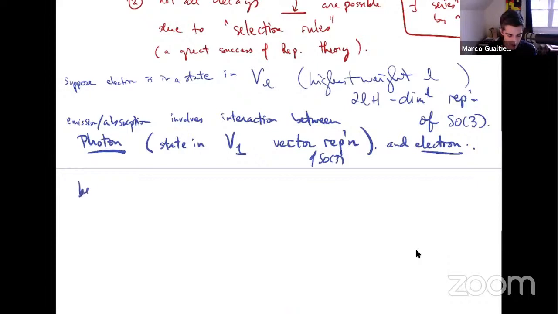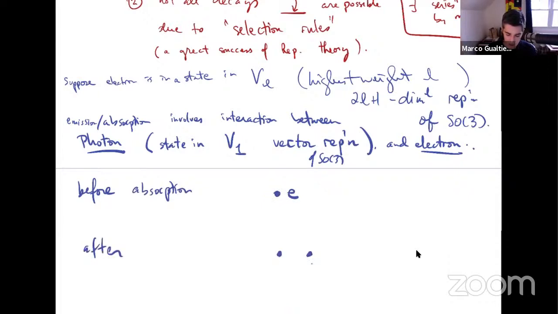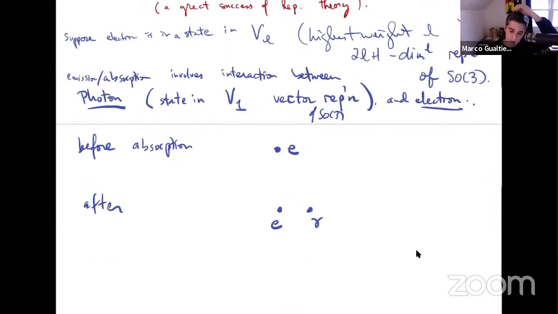Just imagine that the photon is really close to the electron. Then you have two quantum systems, the electron and the photon. Before absorption, we have the electron. After, we have the electron and some photon. Maybe the photon has a different color.